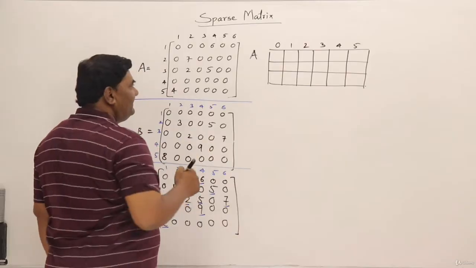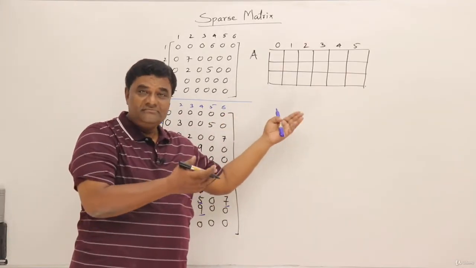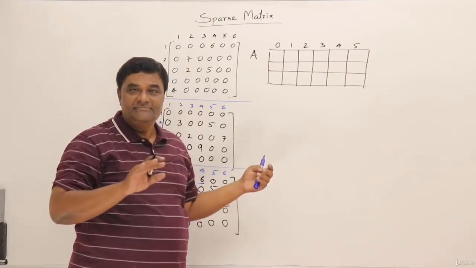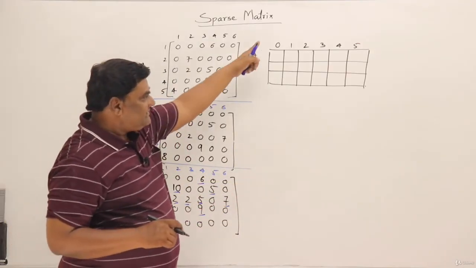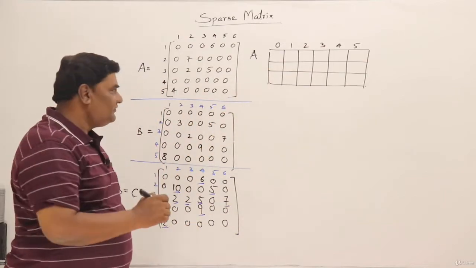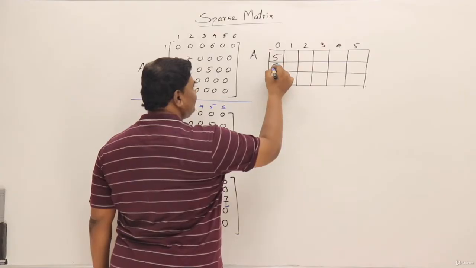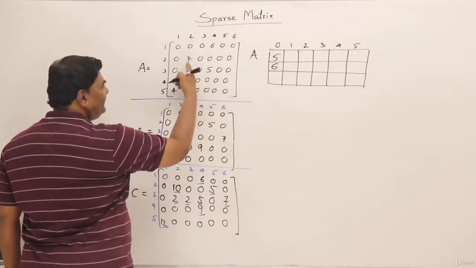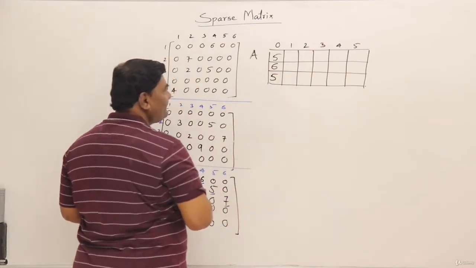Let us call this as A. So it may be a two-dimensional array or array of terms. How to implement it in programming, we will discuss afterwards. So at the 0th index, I will write down the dimensions, that is 5 rows and 6 columns, and the number of elements, 5 non-zero elements.